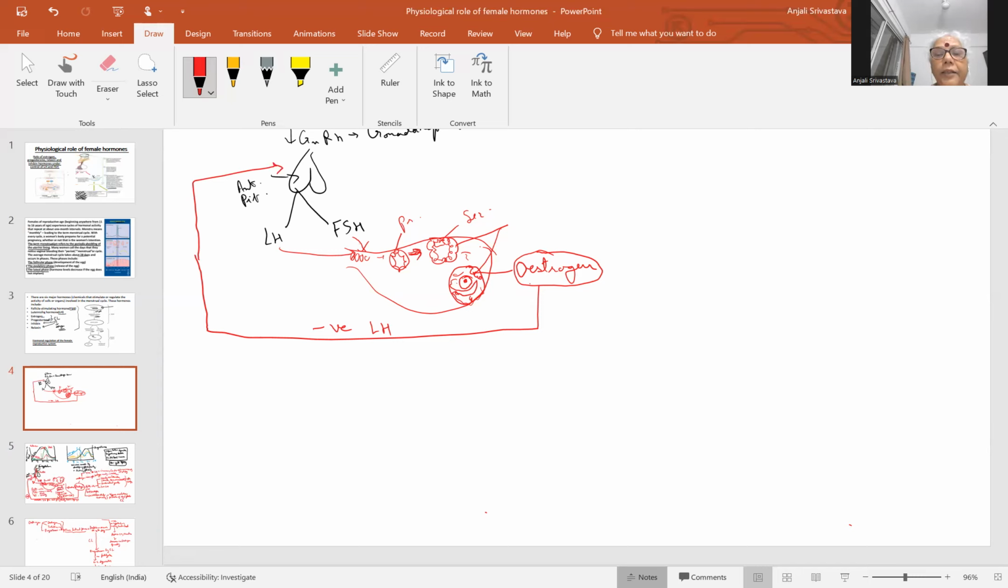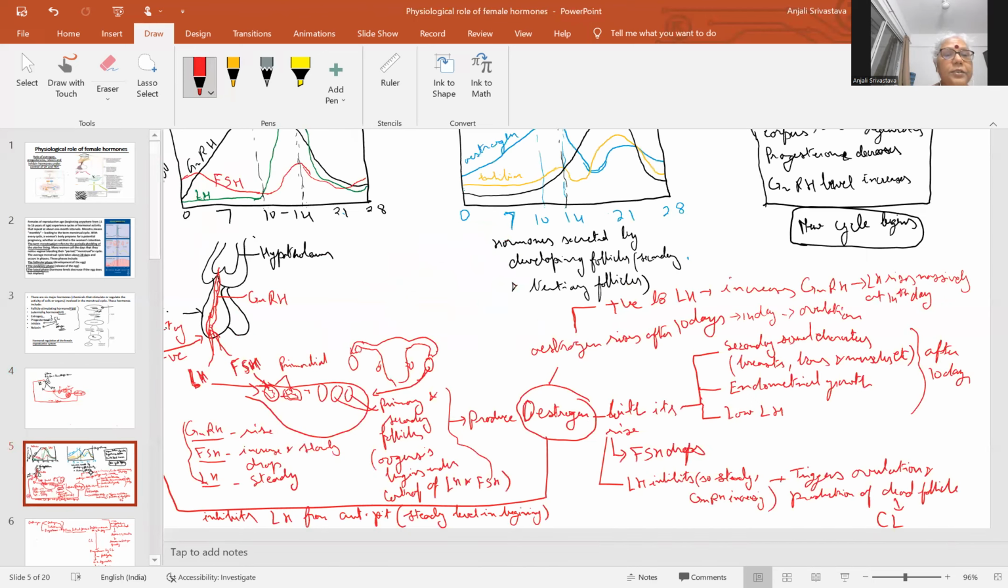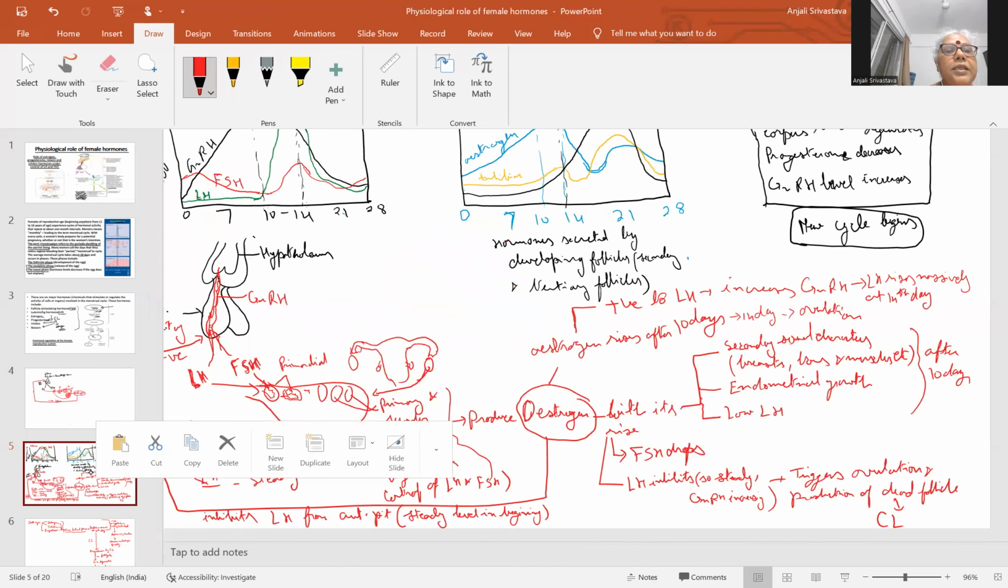On one hand, it shows a negative effect on the anterior pituitary, decreasing the LH rise, and side by side, this is the GnRH.